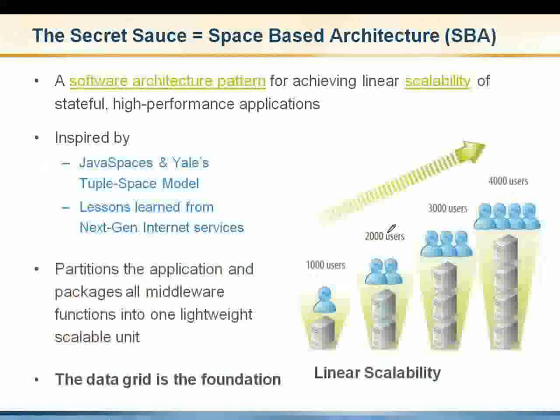And the data grid simply serves as the foundation for this architecture. By partitioning and collapsing the tiers, what we get is really a system that is highly scalable and has very little contention. So when you add more processing power, you simply get more throughput, which is not very trivial to do with traditional systems.